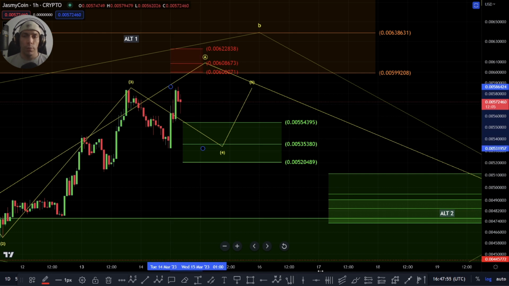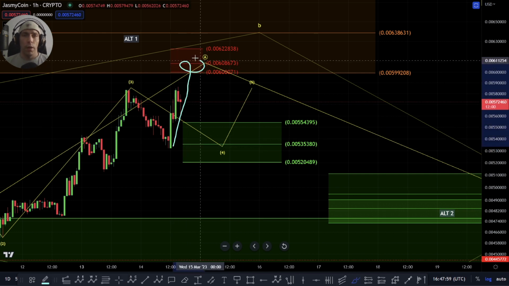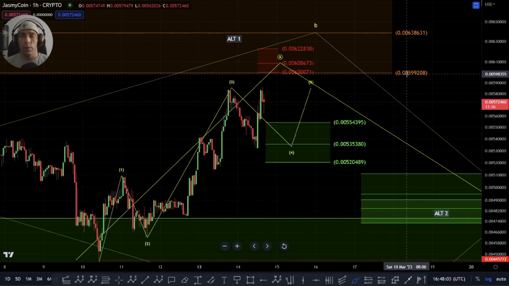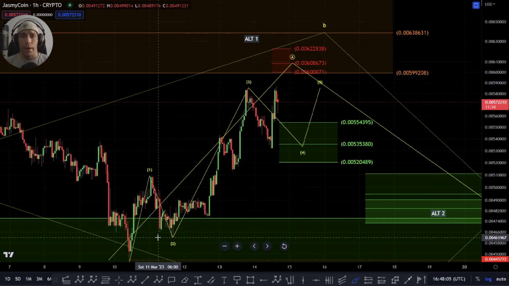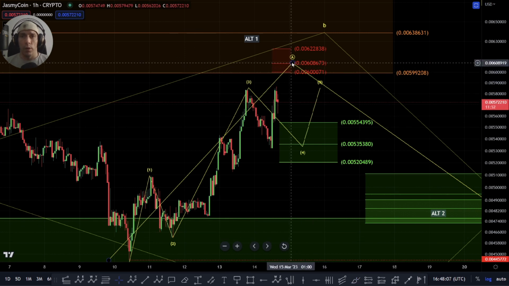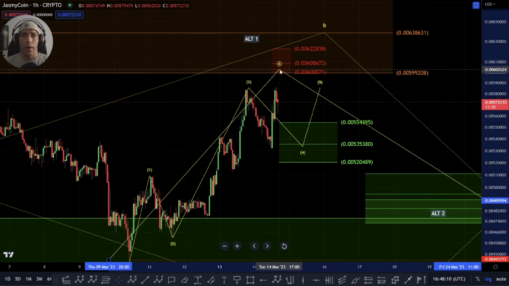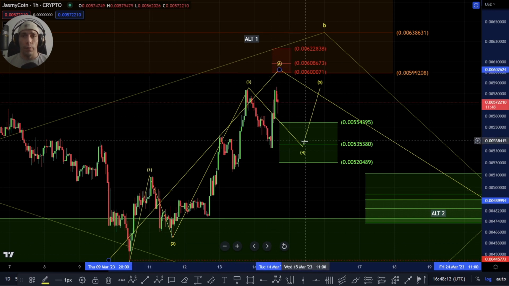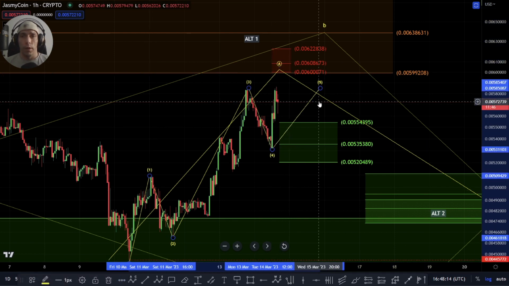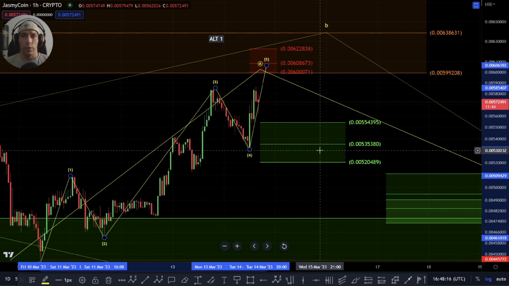If we do push up one more time here, potentially we could look for a continuation up. I'd be keeping an eye on this zone. Potentially this is also a 0.382 retracement here, and effectively that could then mark the top, the end of this five-wave structure, if we are looking at it in this manner where we're still within this fifth.